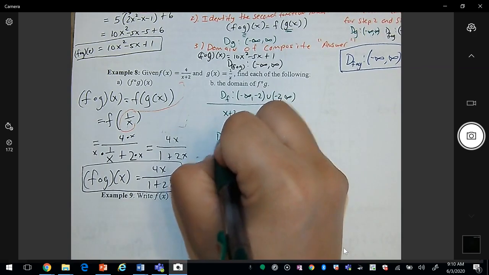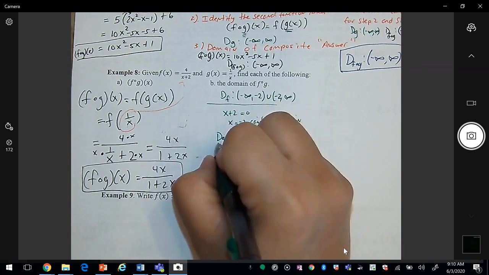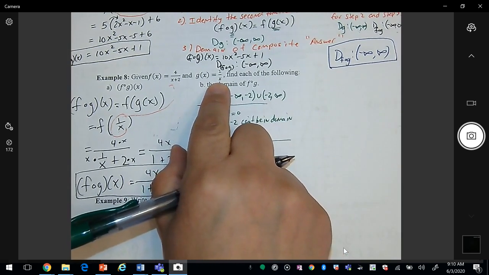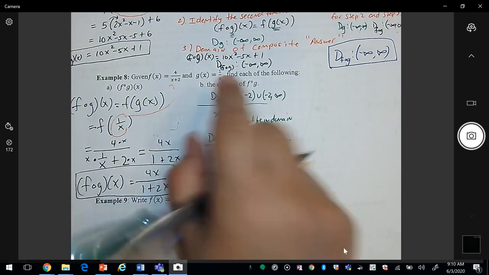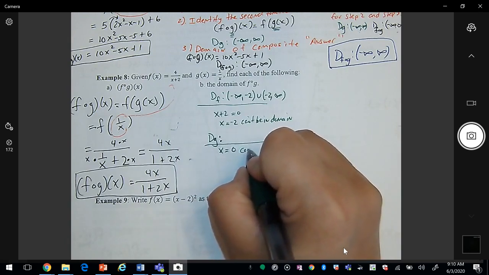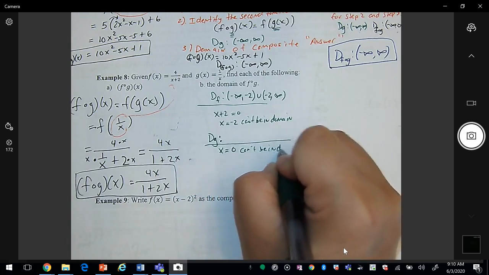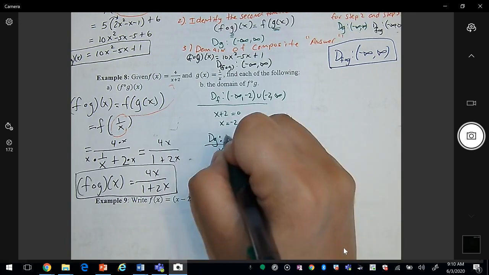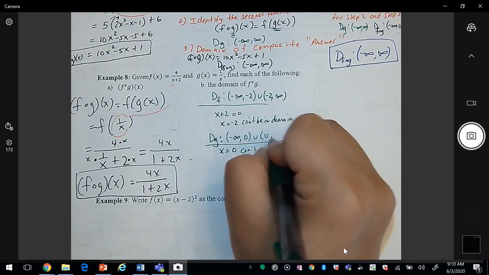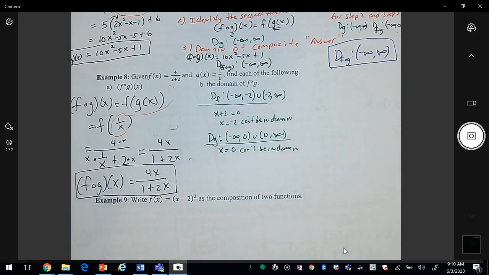And then for g, 1 over x is a fraction. So we set the denominator equal to 0. So 0 can't be in the domain. So this domain will go from negative infinity to 0, and then 0 to infinity.